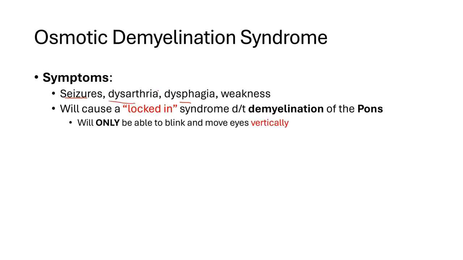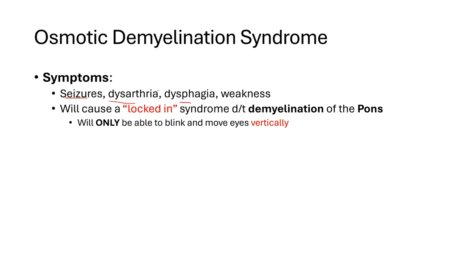The symptoms that we'll see here are going to be associated with Osmotic Demyelination Syndrome. Seizures, dysarthria, dysphagia. You can also see locked-in syndrome, or damage to the ventral pons. This typically disrupts motor pathways controlling movement and speech, but it can spare the midbrain and the upper brainstem.